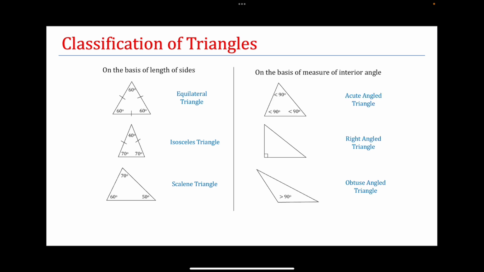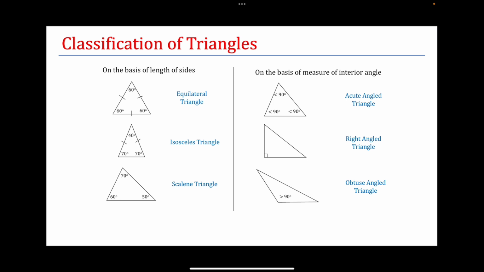Next, on the basis of the measure of the interior angles, again the triangles are classified into three types. The first one is acute angular triangle. That means all the three angles are less than 90 degrees. Next, the second one is right angle triangle. If one of the angles of the triangle is a right angle, that means 90 degrees, it's called a right angle triangle.